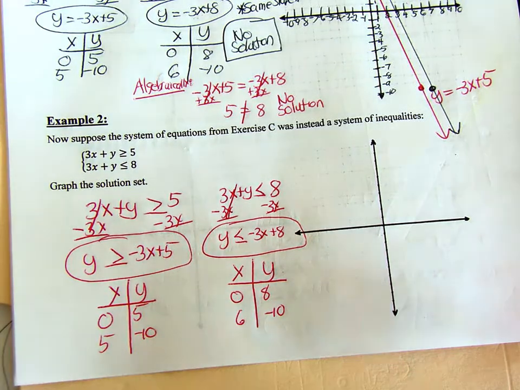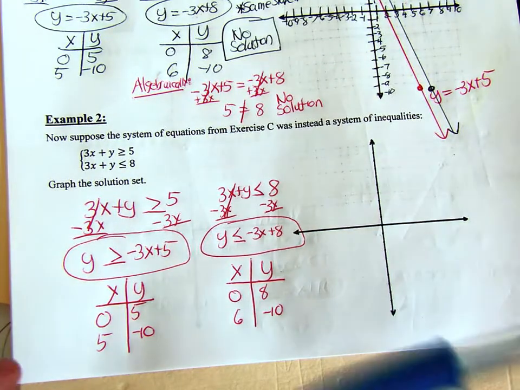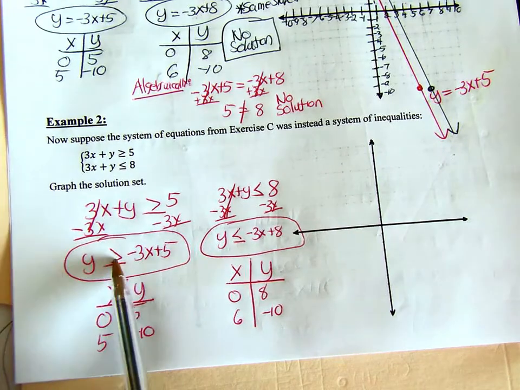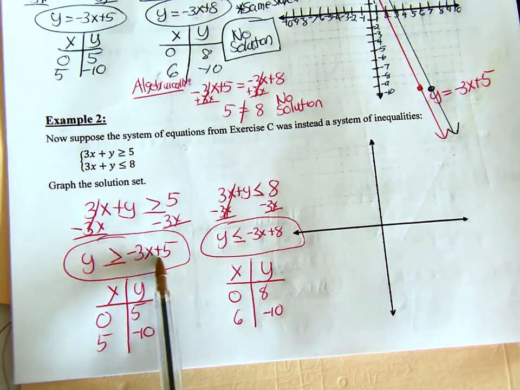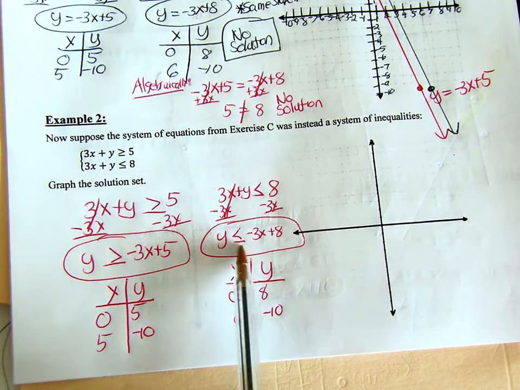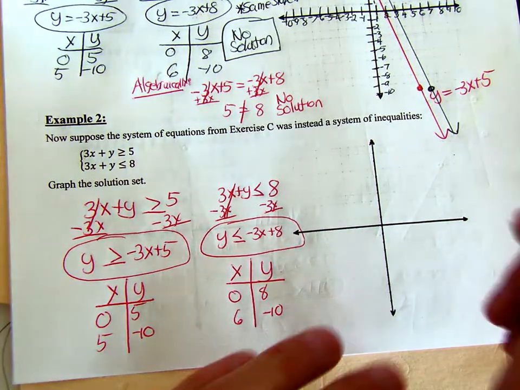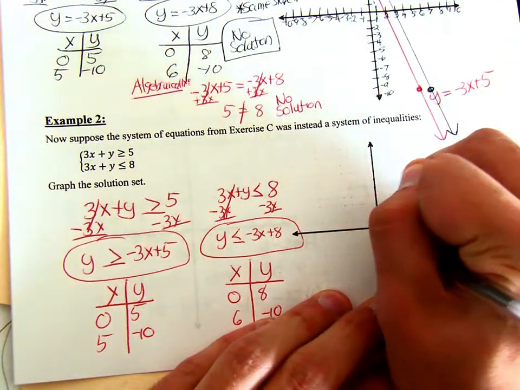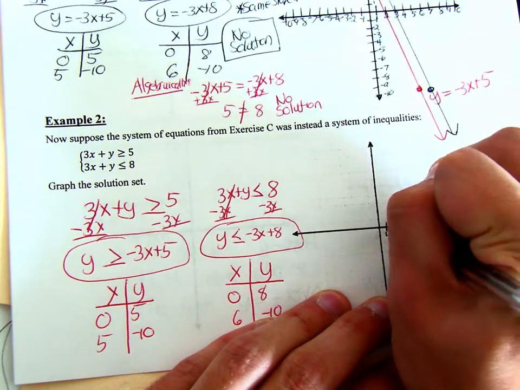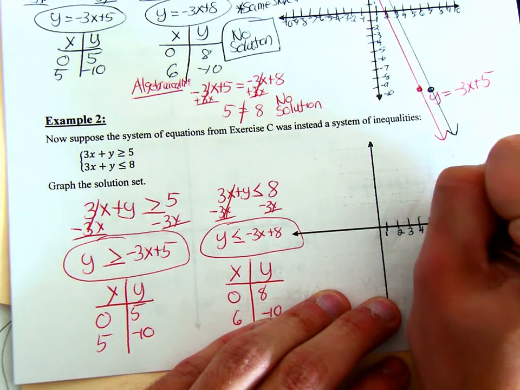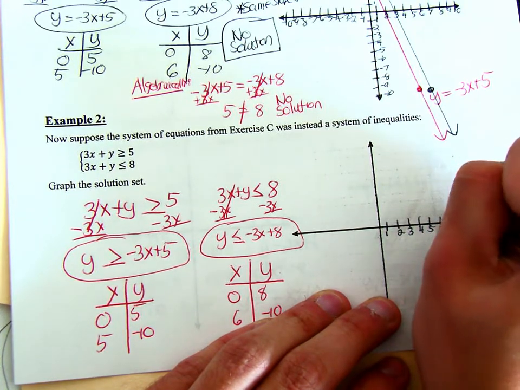So let's look at this first one. I'm just going to do it in 2 different colors. So we have y is greater than or equal to negative 3x plus 5, and we have y is less than or equal to negative 3x plus 8. So looking at this, I'm going to first label my axes. So I'm just going to go up by 1, 2, 3, 4, 5, 6, 7, 8, 9, 10.